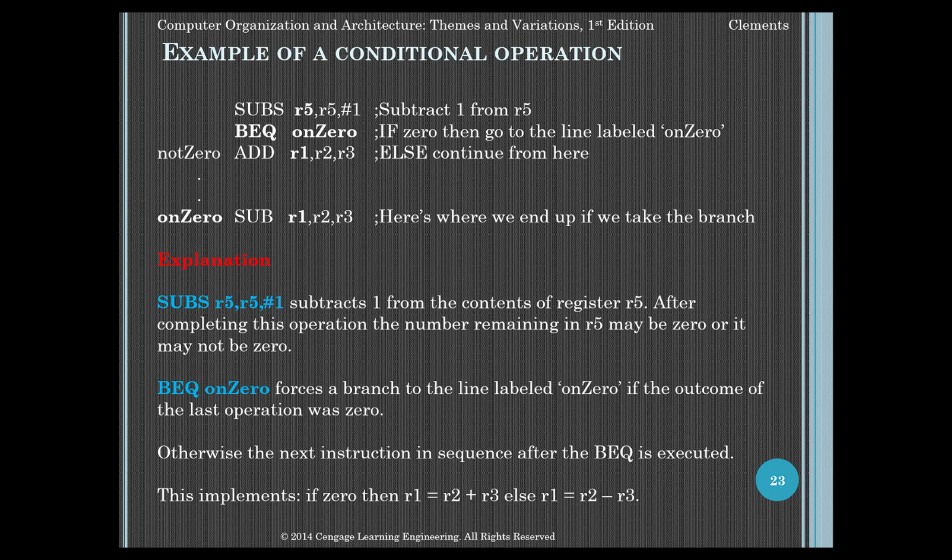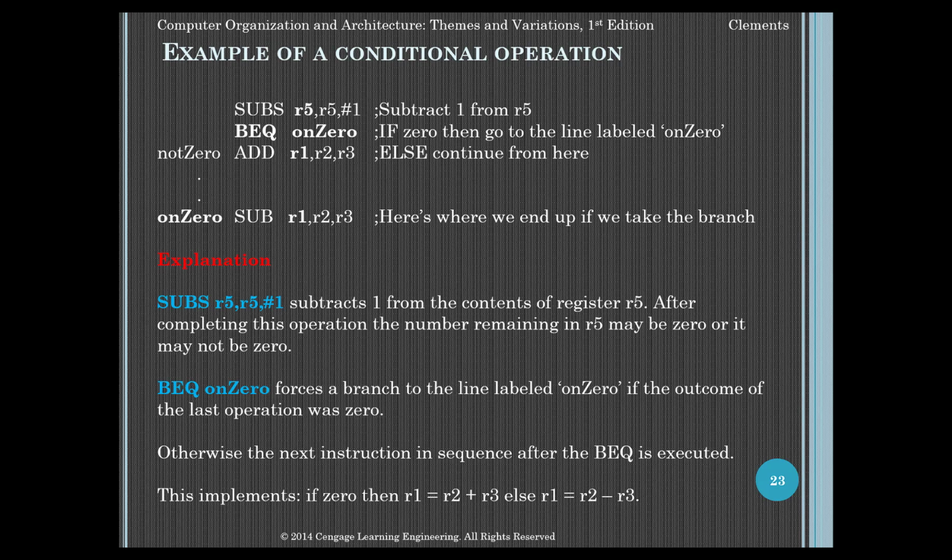So we can see here that we're going to subtract 1 from whatever value is in register 5, and we're putting that back into register 5, totally legal. Then we can see our branch operation on 0. So if this result is 0, then we're going to go to a line in our code labeled on 0.